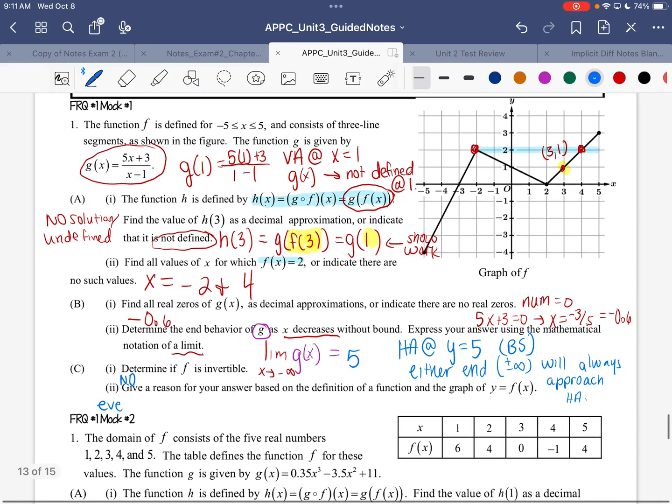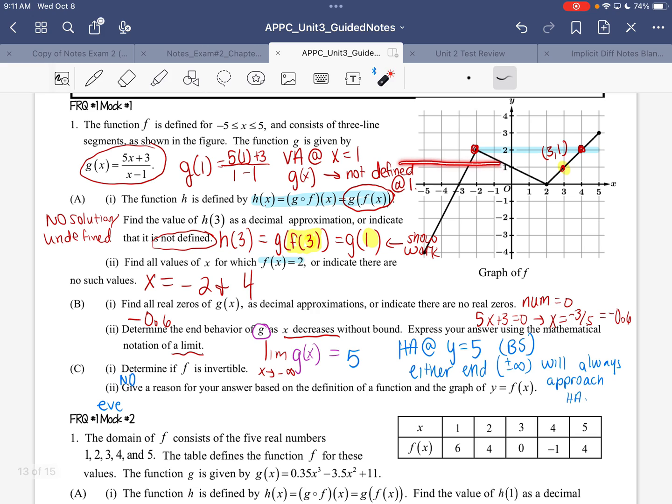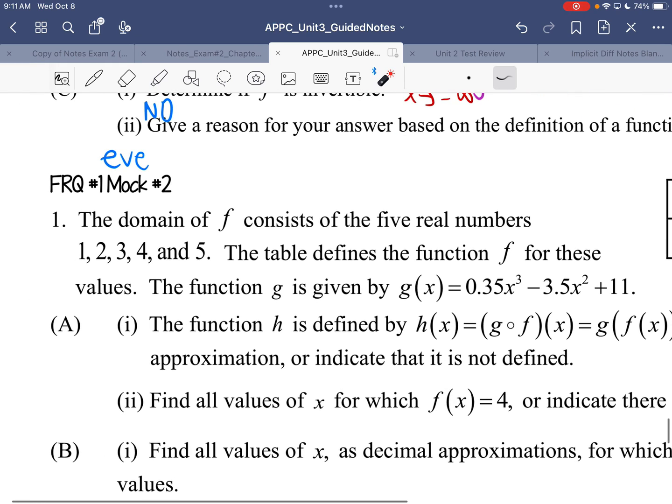The horizontal line test is to test if something's invertible or not. This is not invertible, yes, because it's failing the horizontal line test, but that cannot be the reason you give, because in polar graphs, things fail horizontal line tests. Like all of the polar graphs would be failing the horizontal line test, but they're all functions. So we can't say that.